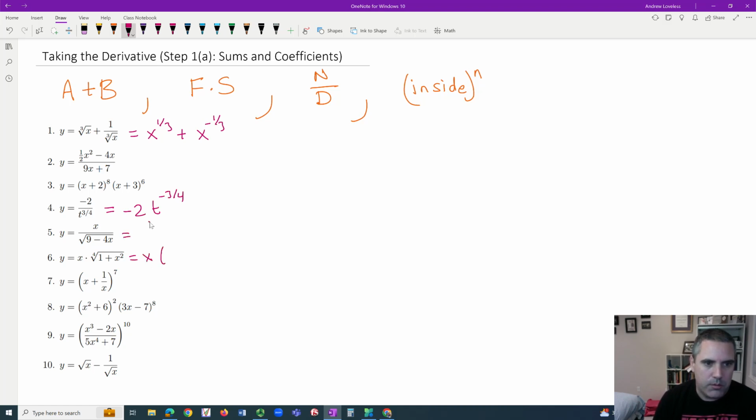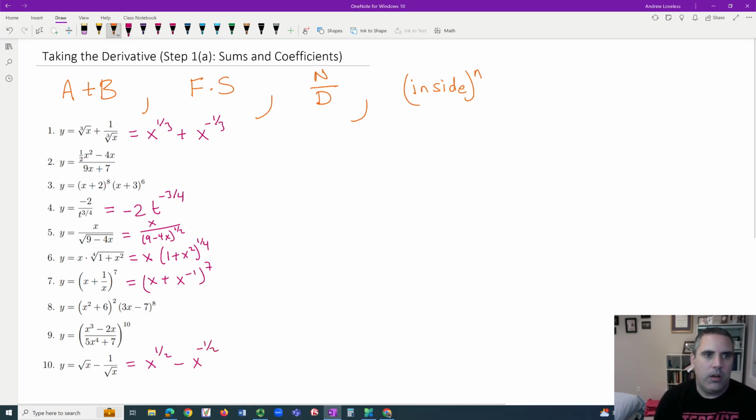There's a root here, so you would write x to the 9 minus 4x to the 1/2. This is 1 plus x squared to the 1/4. This is x. So this is stuff you do without even thinking. Watch my previous video, that step 0 video. This is x to the 1/2 minus x to the negative 1/2.